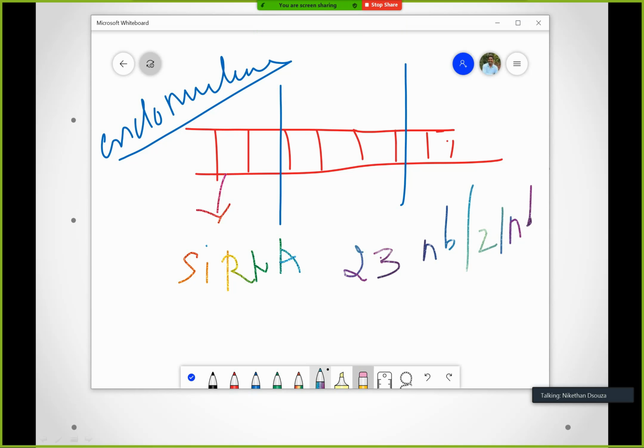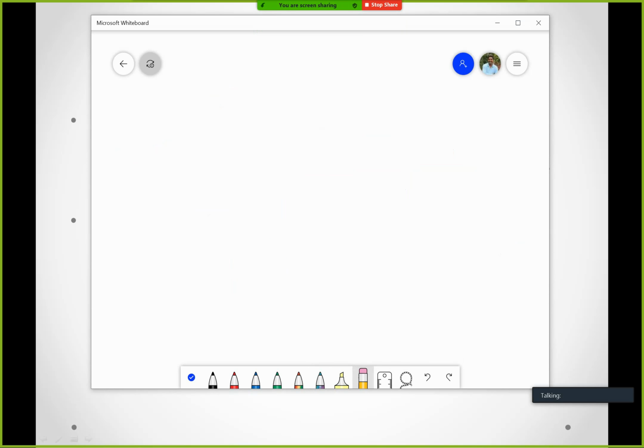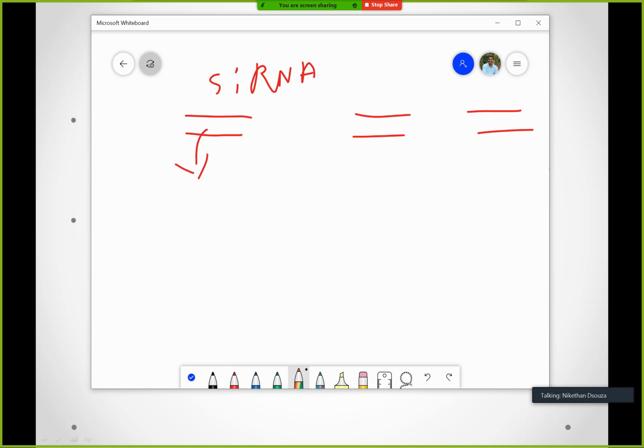Now we have two or more siRNAs. These siRNAs go and bind to a special protein complex, which we call the organoid.